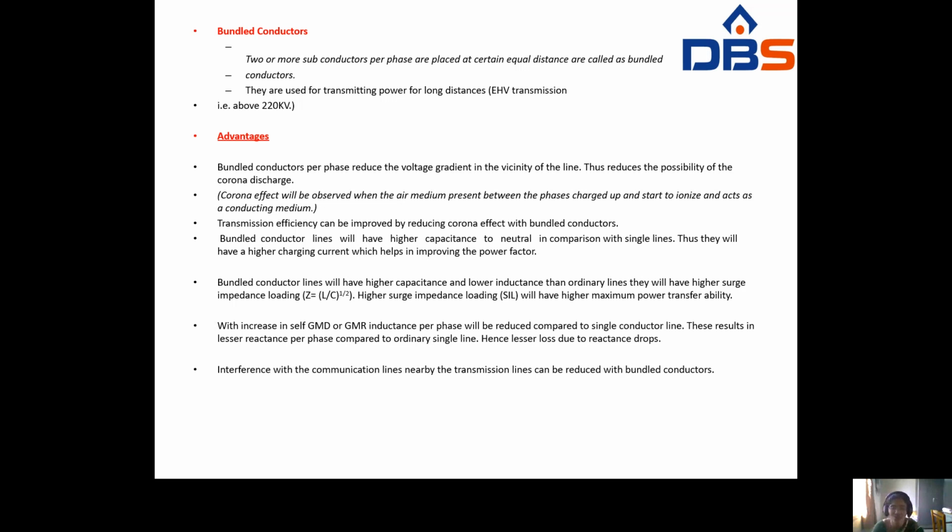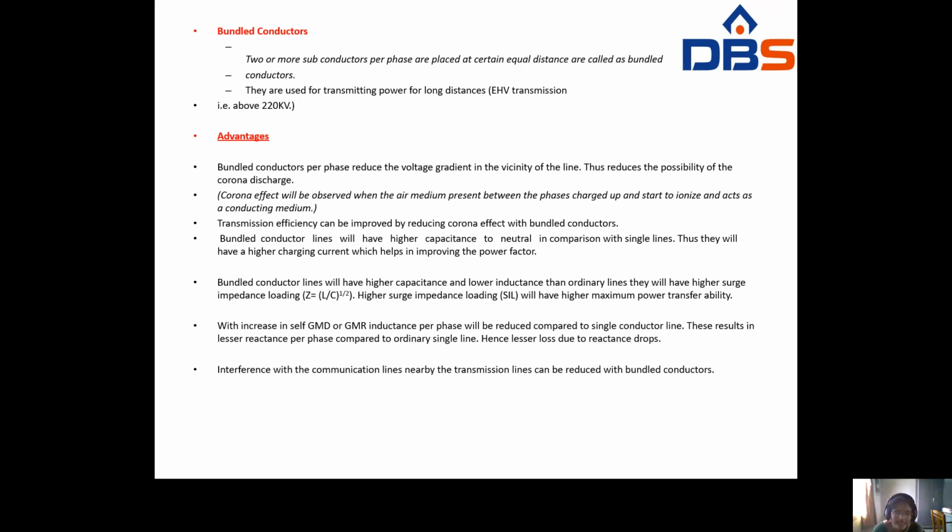That is nothing but the Z value, Z equal to square root of L by C. Higher surge impedance loading gives higher maximum power transmission ability. Whenever you get the maximum surge impedance loading, you have the maximum power transfer ability.